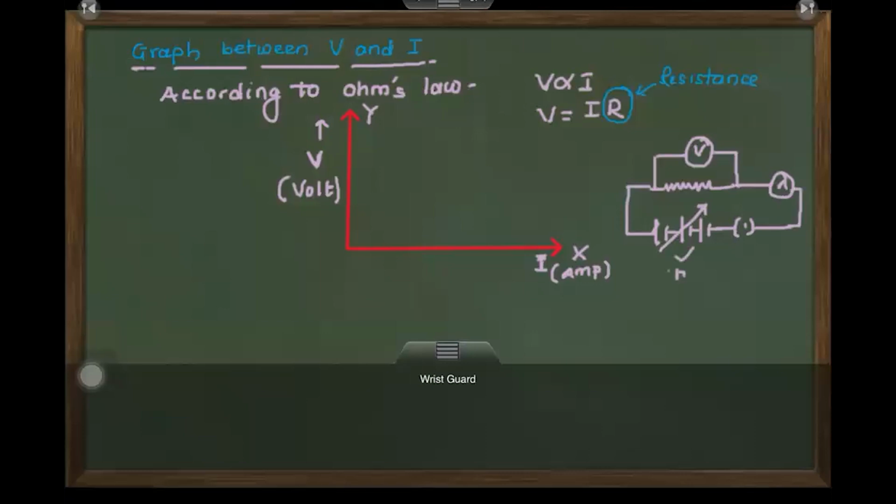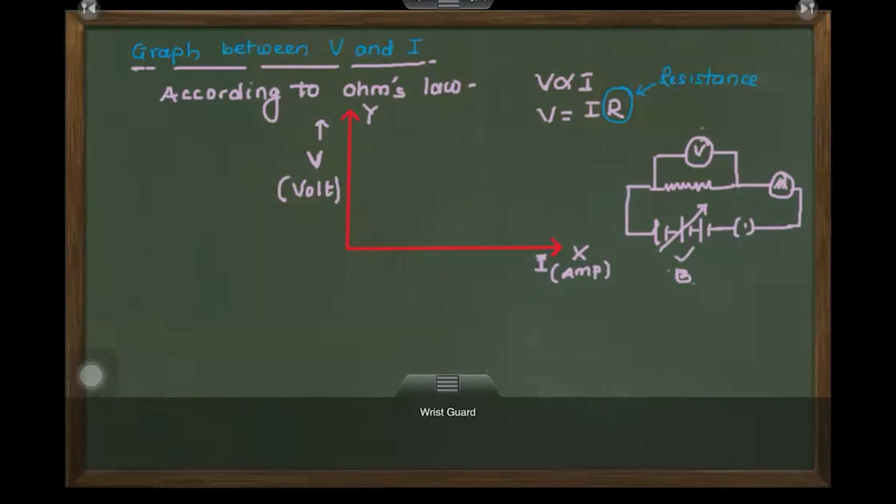If you are changing the battery, the volt will change, the potential will be changed, and the current will also change. And for that reason, I told you that day that you can make the two columns V and I.